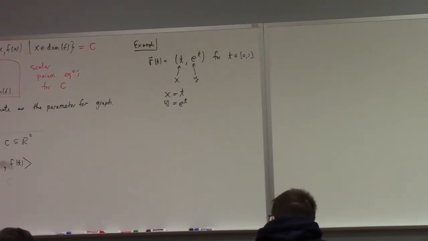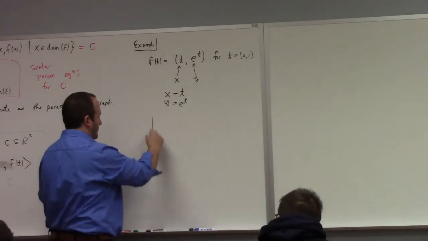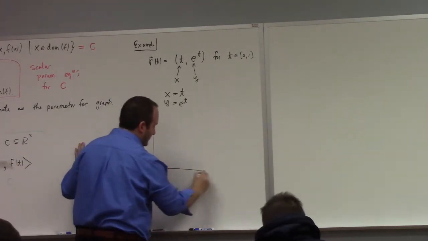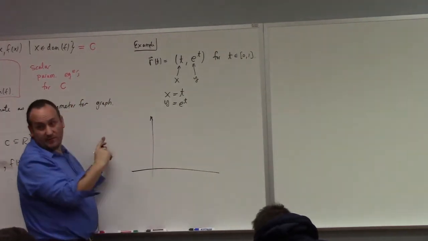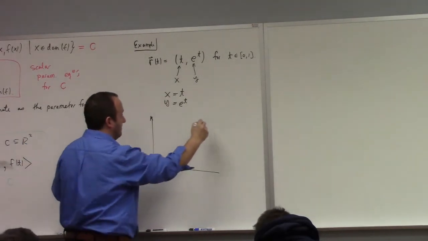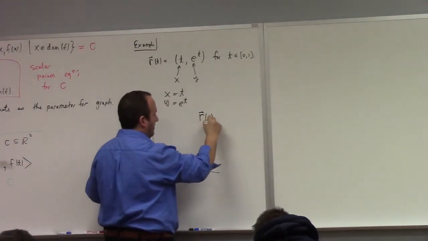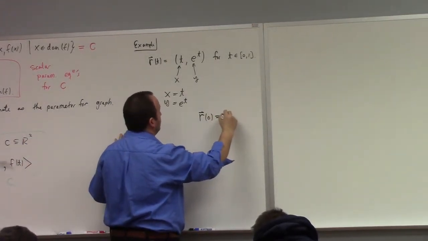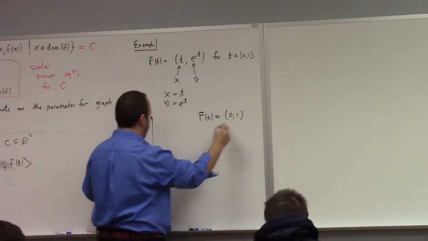What is R of t? Not like that. That's the parameterization of the curve. To draw a picture of it, here's what's going on. So if we plug in 0, what's R of 0? 0, 1, right?